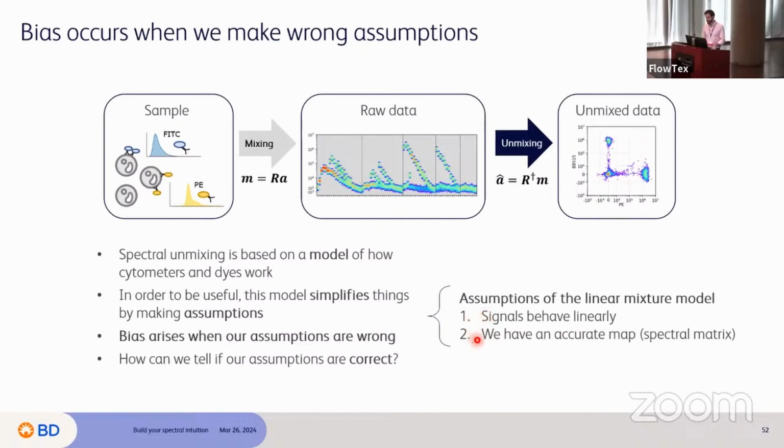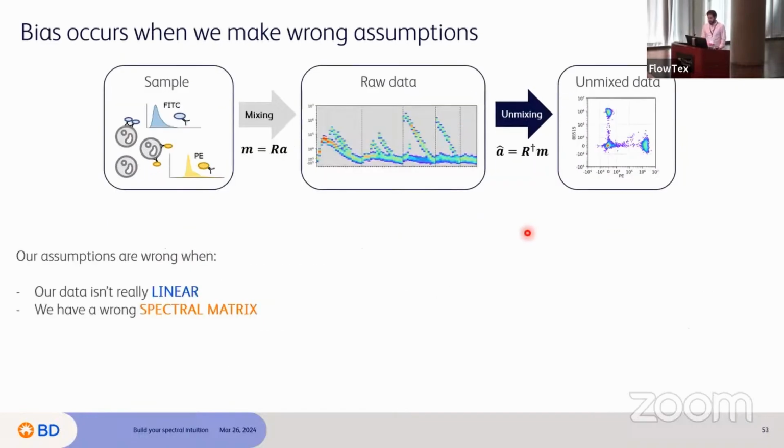Don't worry about it if that's not clear. The second assumption is that your map is accurate. That means that if the signal really was generated with some matrix R, the matrix you're using for unmixing had better actually match those real spectra. So our assumptions are going to be wrong, and we'll have bias in our results when one of two things has happened.